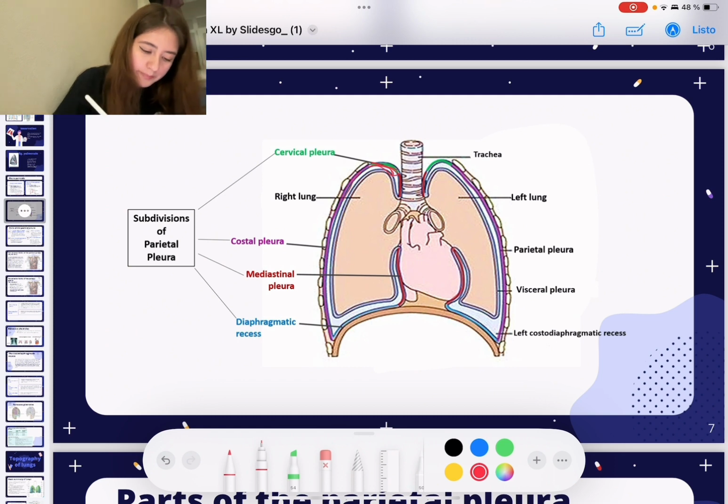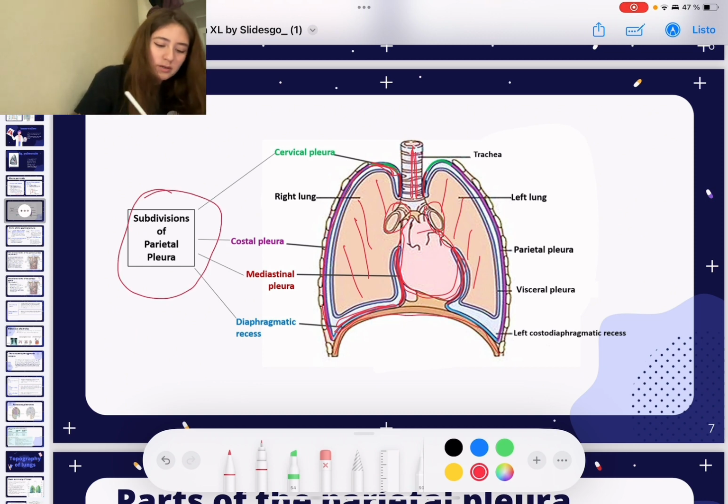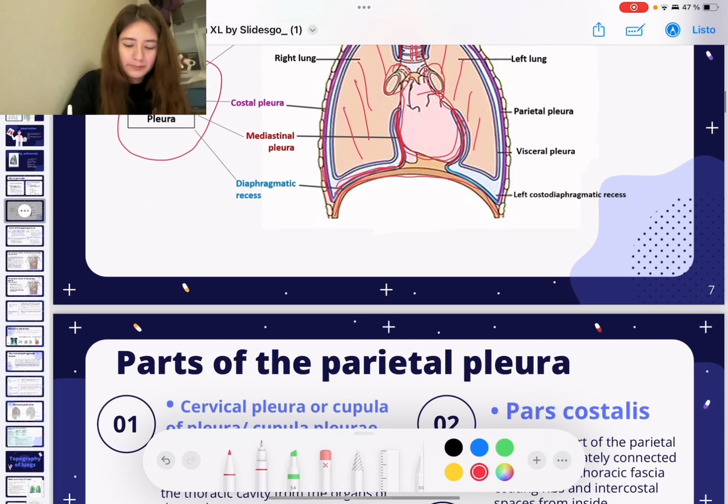Cervical pleura, costal pleura, mediastinal pleura, diaphragmatic pleura. We have the left lung, the right lung, the main bronchi, the heart in the pericardium, the trachea, and the diaphragma. So those are the subdivisions of the parietal pleura.